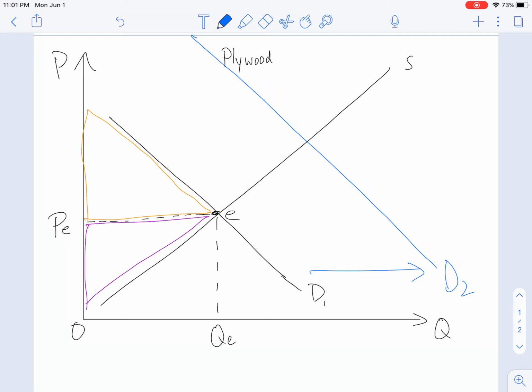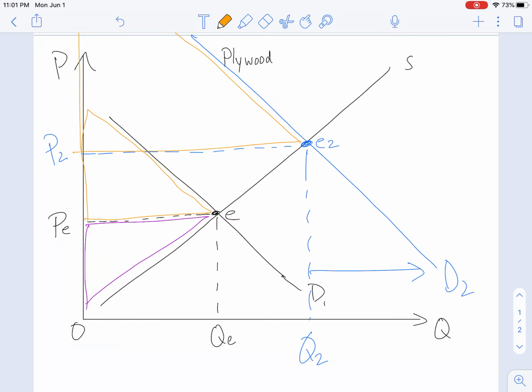Now, if the market is functioning, if we let the price signal do its work, then the price of plywood goes up. Right? And the quantity of plywood sold goes up as well. Right, there's your new equilibrium. And at the new price, there is a new area of consumer surplus, right?